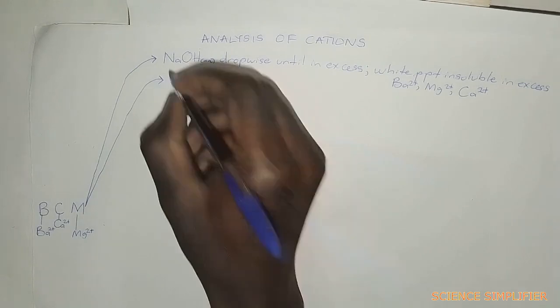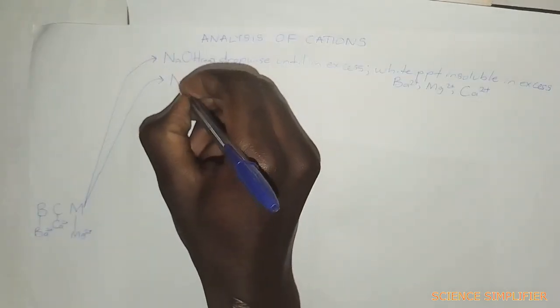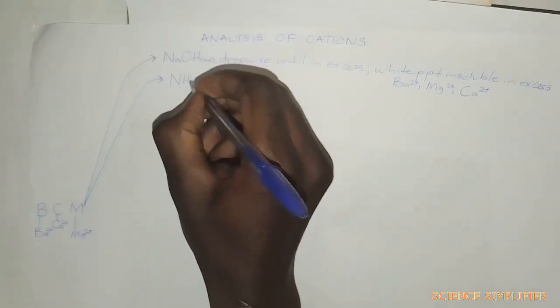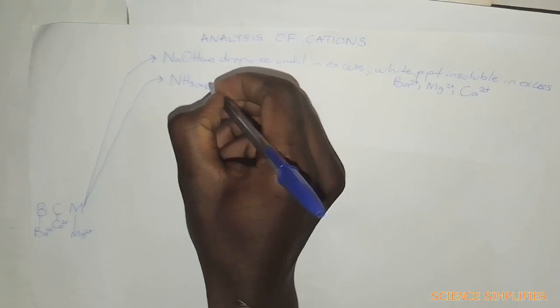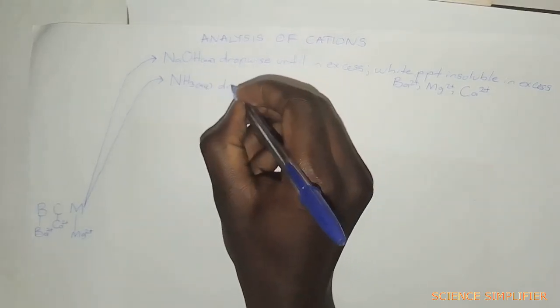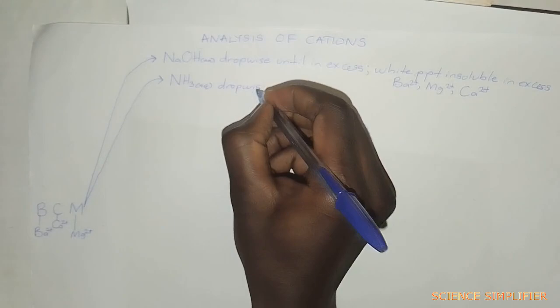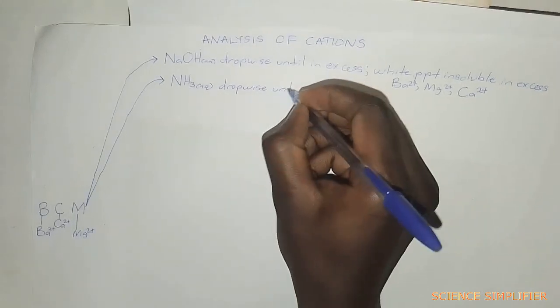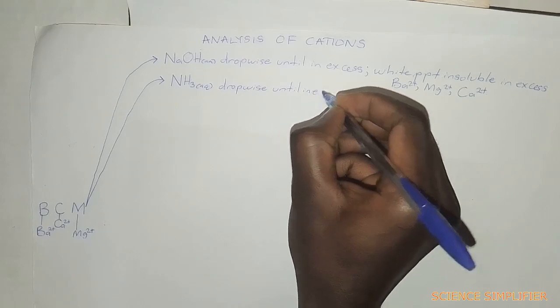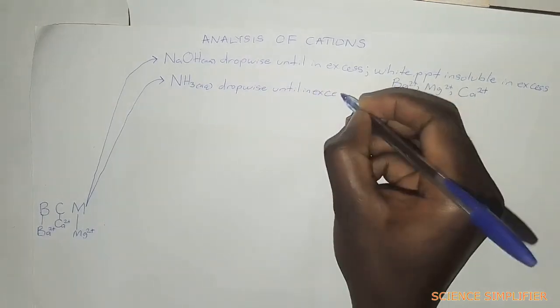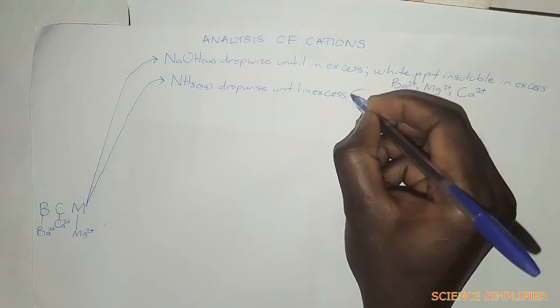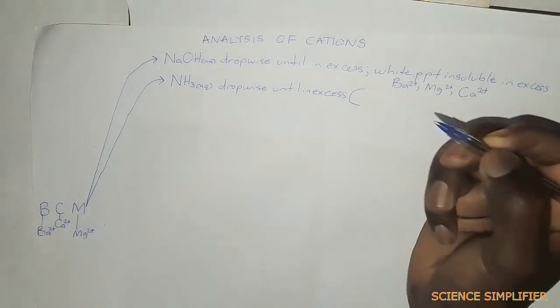We can also add dilute aqueous ammonia dropwise until in excess. Here we are having two observations.